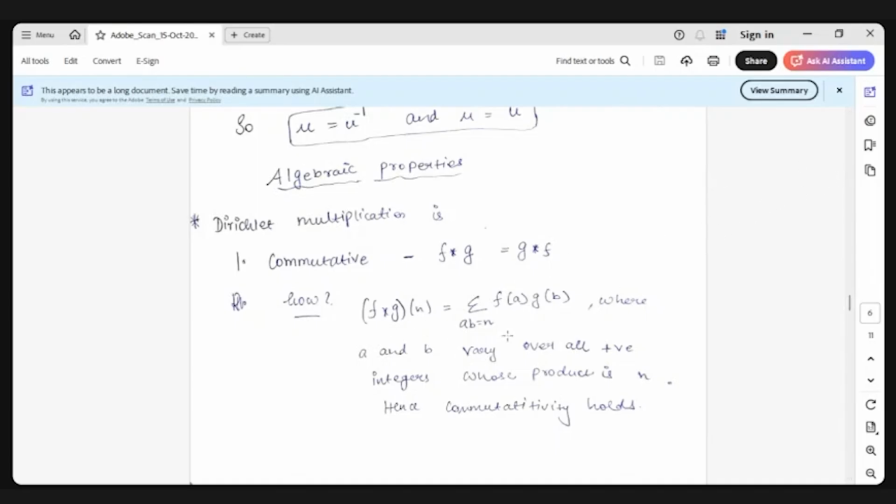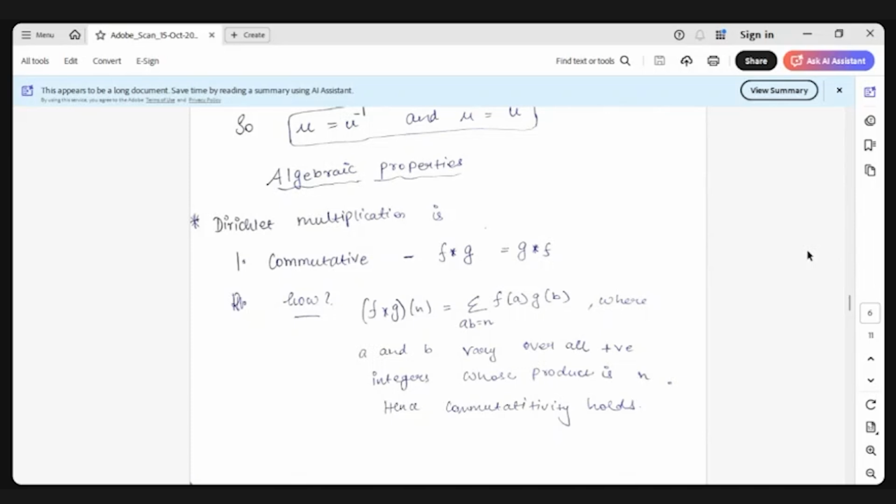I mean, the answer is also here. Fine. So, why is this true basically? Because when I am doing summation f of a g of b, this is completely running through all the positive integers whose product is going to be n.